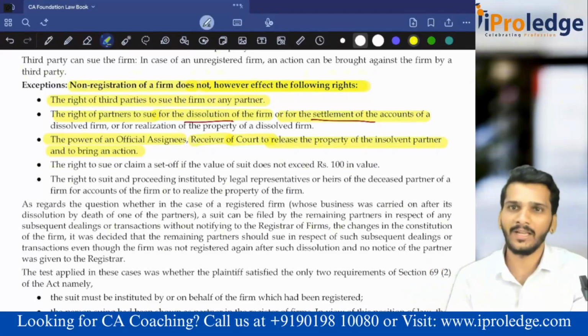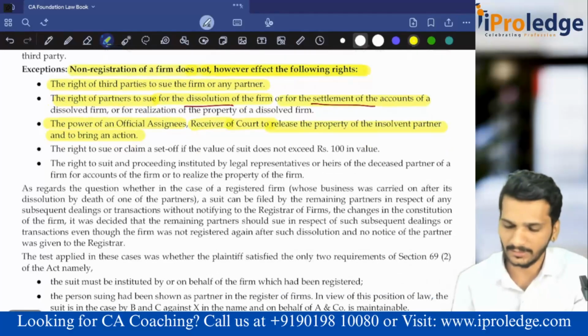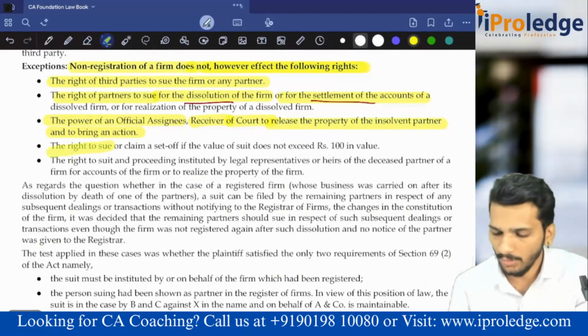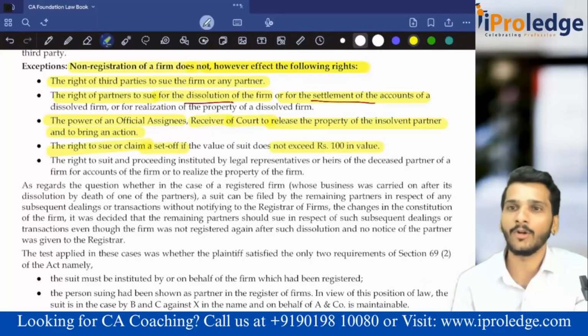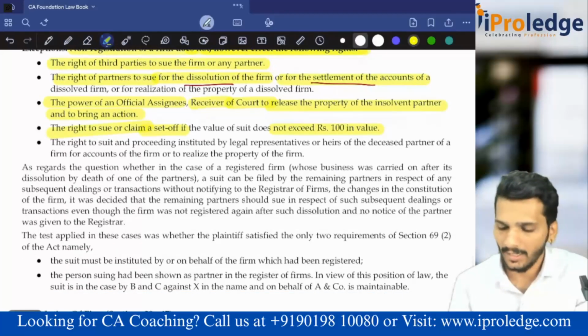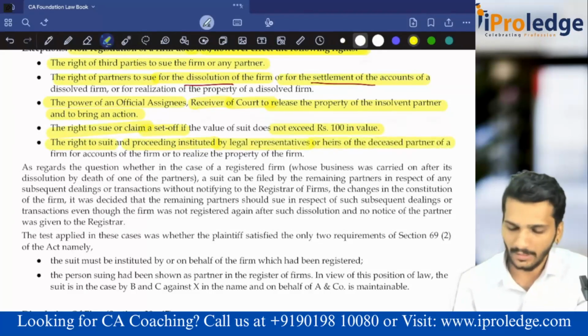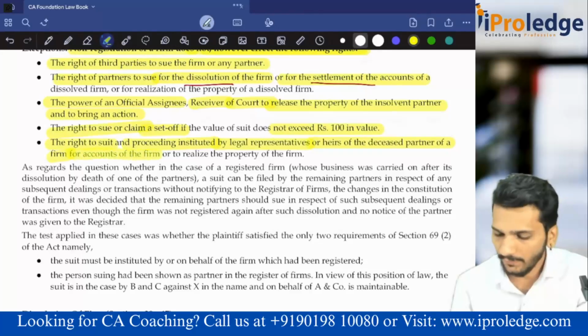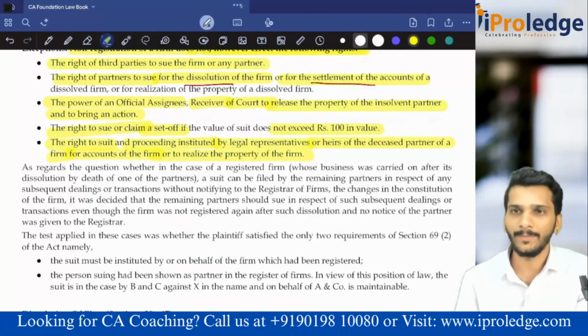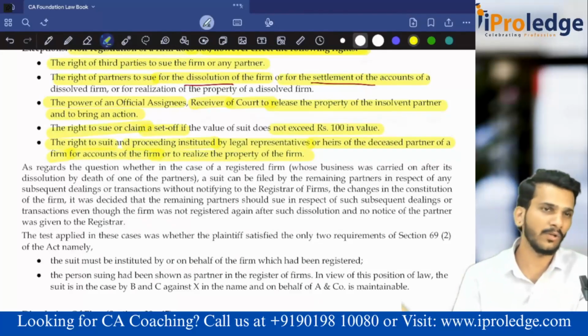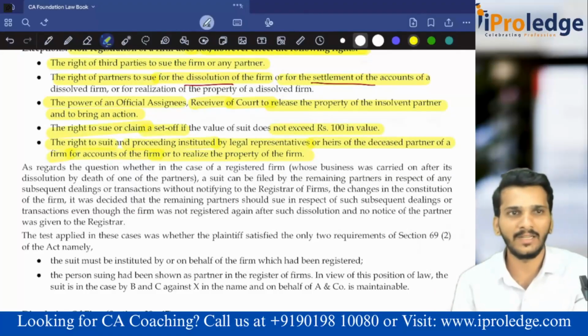He can sell the property, bring in the money, settle the liability, all those things. Then the right to sue or claim a set-off up to 100 rupees, not exceeding 100 rupees. That right is there. And the right to suits and proceedings instituted by the legal representative or heirs of a deceased partner of a firm for accounts of the firm to realize the property of the firm. That means when the partner is dead, the legal representative can come and take over the money. That right is also there.